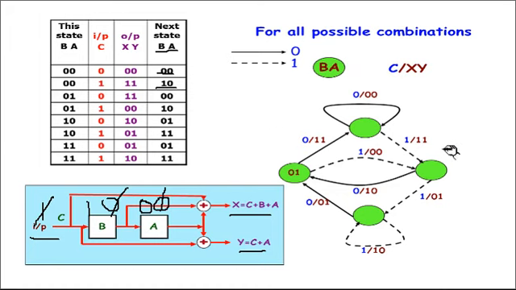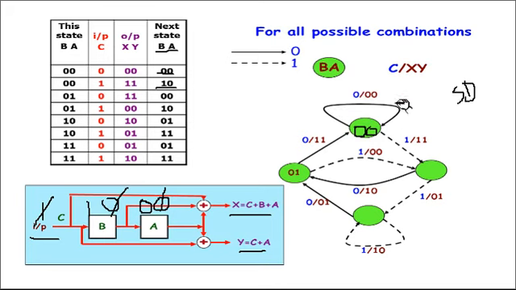Now let's look at how to write down this particular diagram. This is the state diagram, in short called SD. For this diagram there are certain values mentioned over here. This is the state 0 0. For 0 0, when the input bit is 0, this is indicated with the continuous line.